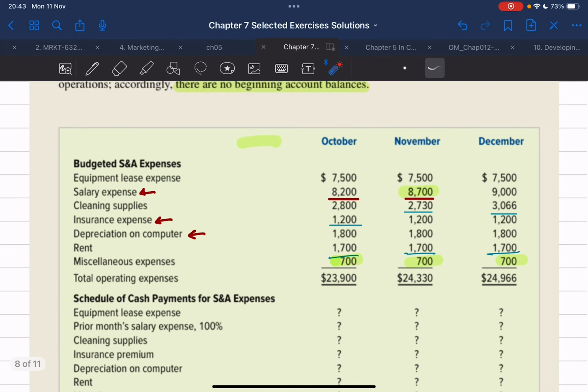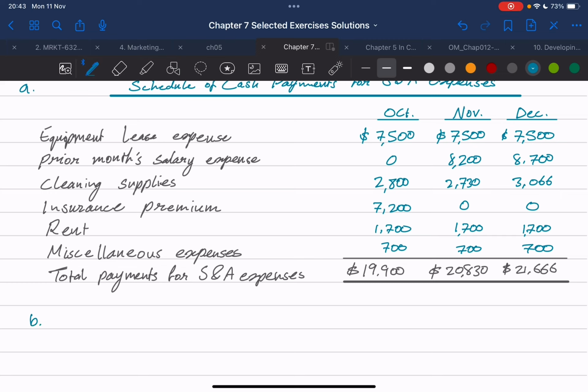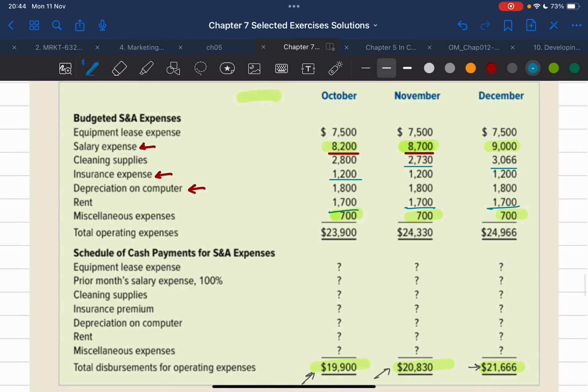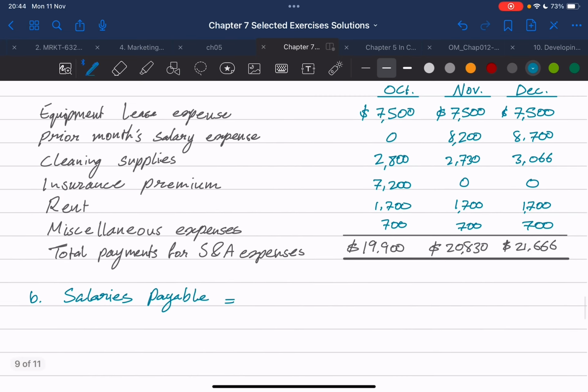So the answer to part B is: salaries payable is going to equal the salary expense of December, the last month of the quarter, so $9,000. And that would be the answer to part B, okay?